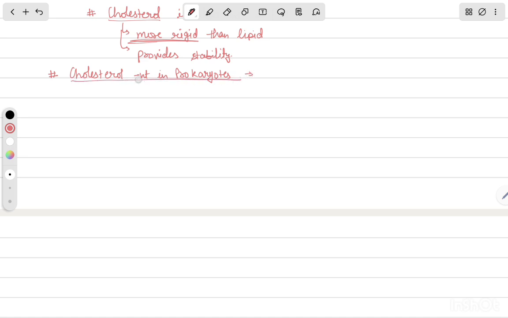Okay, if cholesterol particles are absent in prokaryotes, then what are the other components present in prokaryotes for stability? It is hopanoids, a type of sterol, right? That name or term is not very important from your exam point of view, but you need to remember that cholesterol particles are absent in prokaryotes, right?